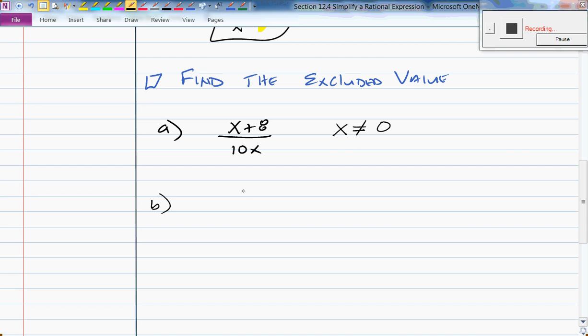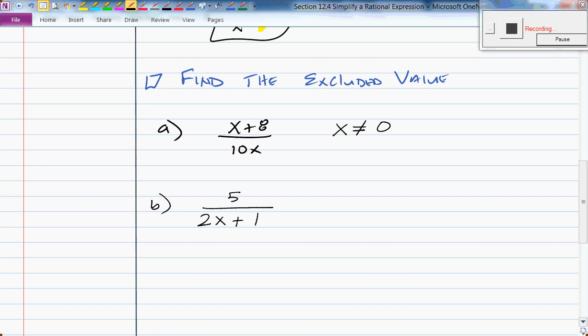Okay, here's B. Find the excluded value. 5 over 2x plus 1. What is the excluded value for that one? Brendan, what do you think it is? Negative 0.5.